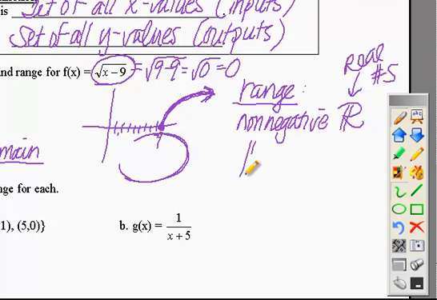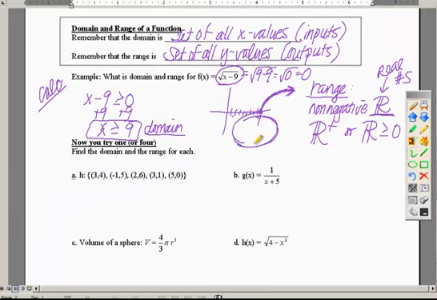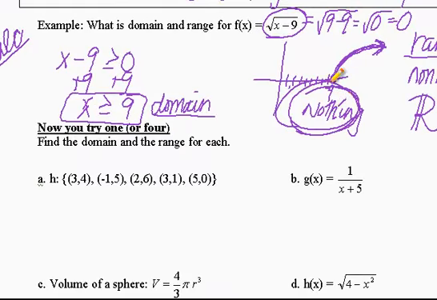Or you could do positive reals with a plus sign, or you could say reals greater than or equal to 0. I'm trying to show you some shorthand, and I'll talk more about that in class. But I wanted you to get the idea that you can say real numbers by using this R. Again, there's nothing down here, and that's why we start at 0 and go positive from there.